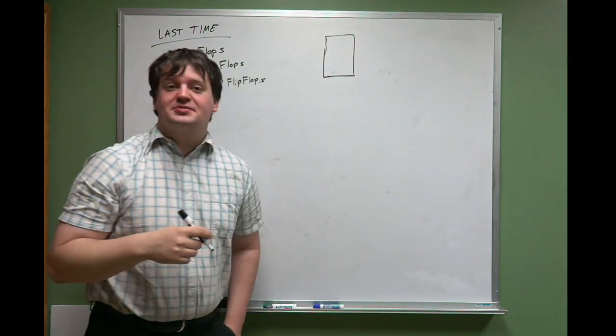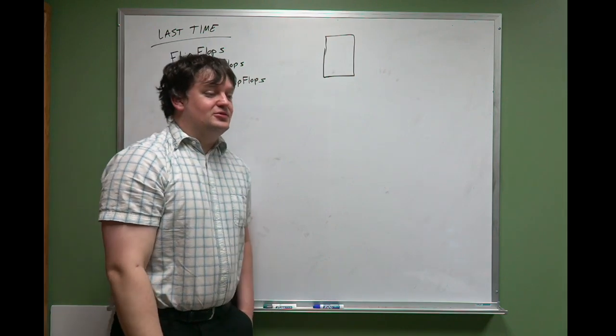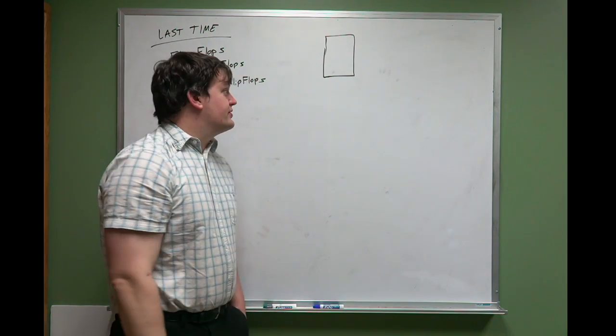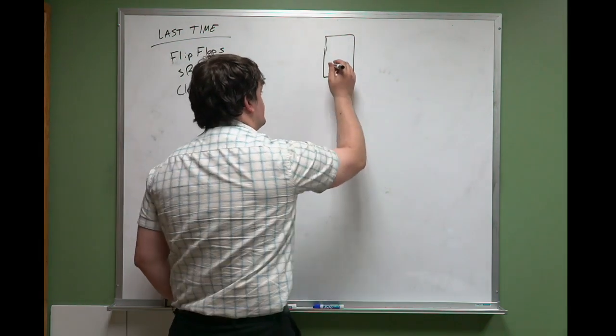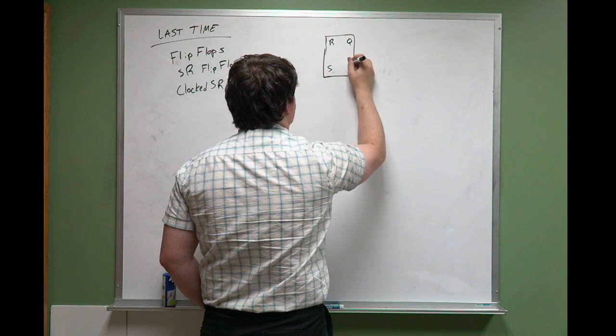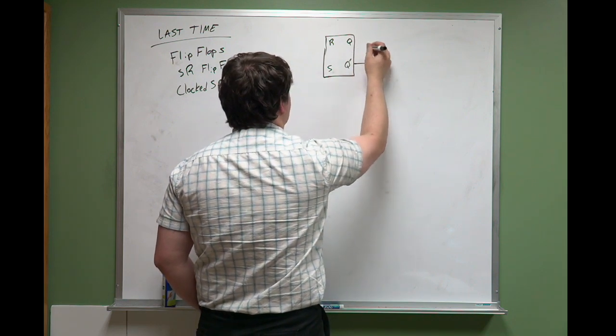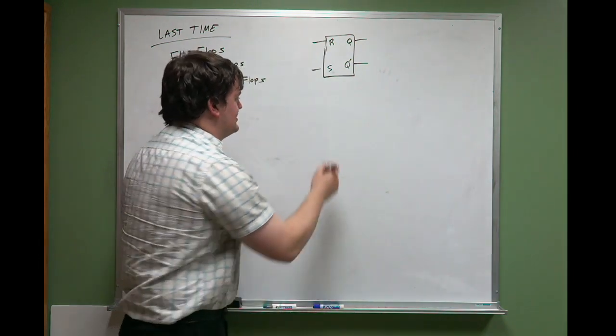I'm not going to actually draw out the circuit. You can go back to my previous lecture and take a look at the picture that I drew on the board if you really want to see an SR flip-flop. But what you have here is you have S, R, Q, Q prime or Q naught, and you would have a chip like this.